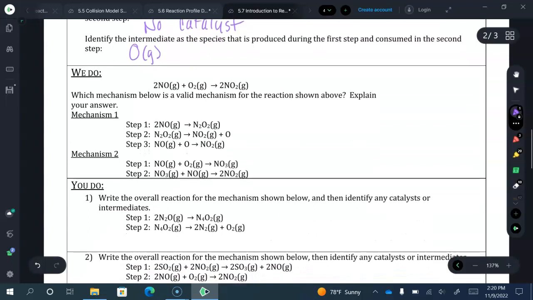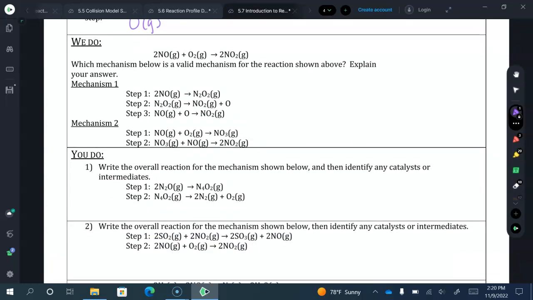Okay, now looking at this one, which mechanism below is a valid mechanism for the reaction shown above? Explain your answer. Well, the easiest way to approach this is to see if either one of these adds to the overall reaction. So we're going to look at mechanism 1, and we're going to cancel out what's the same on both sides of the reaction. So this is on both sides of the arrow, and we look at everything else and we don't see anything else.